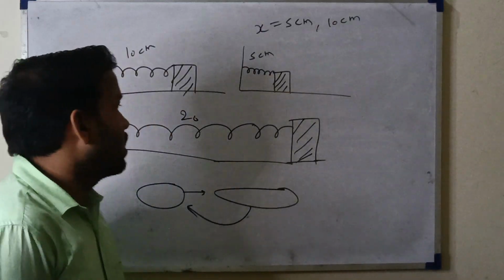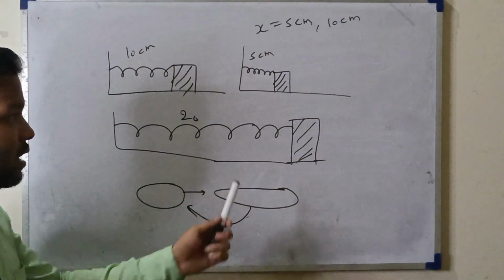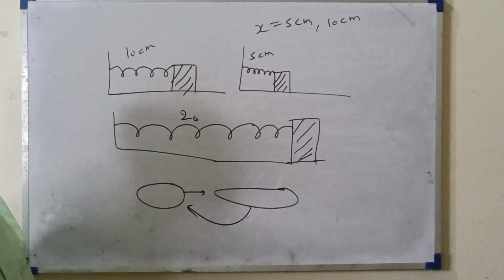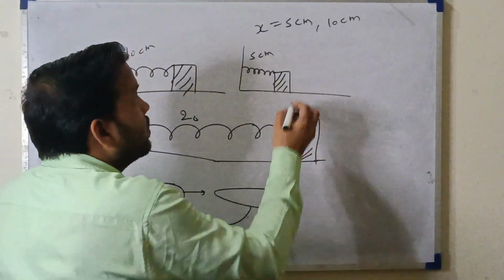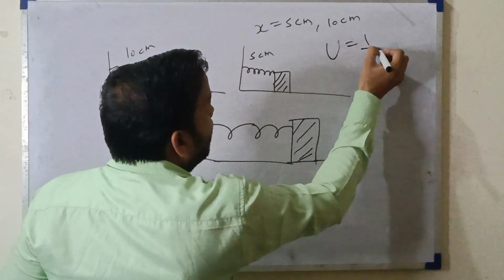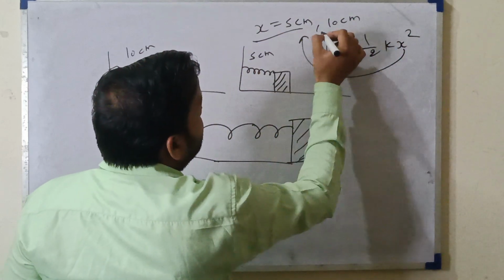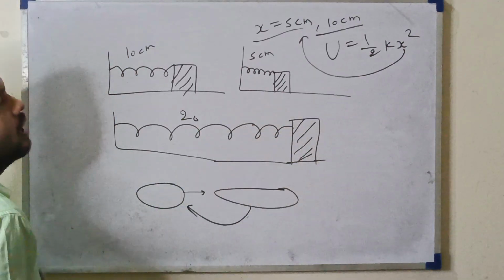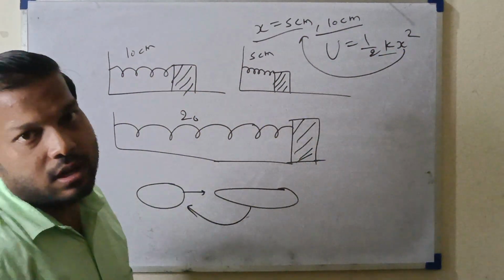So the work you have done to compress or extend the spring is stored in this object or system in the form of elastic potential energy, and the formula of this is U is equal to half k x square. x is the displacement, how much you compressed or extended the spring, and k is the spring constant, which I will teach you in the next lecture.